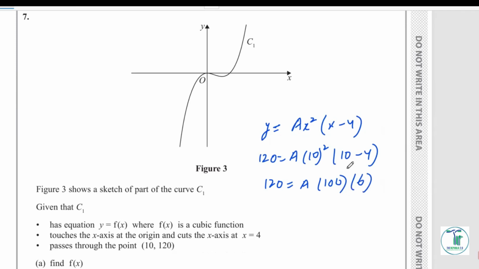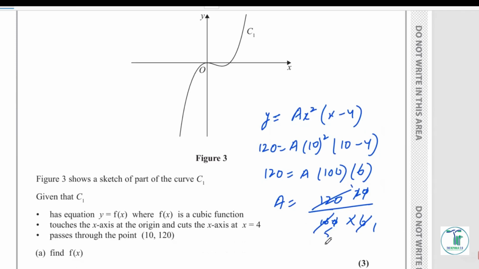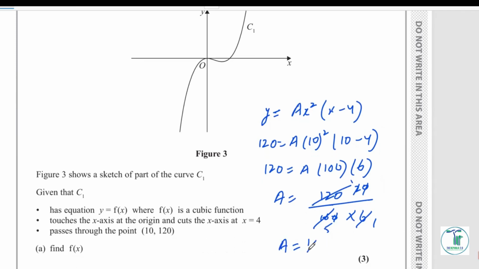So a equals 120 divided by 100 times 6. 6 times 20 is 120, the zero cancels out, and 2 times 1 and 2 times 5 remain, so the answer for a has to be 1 over 5.